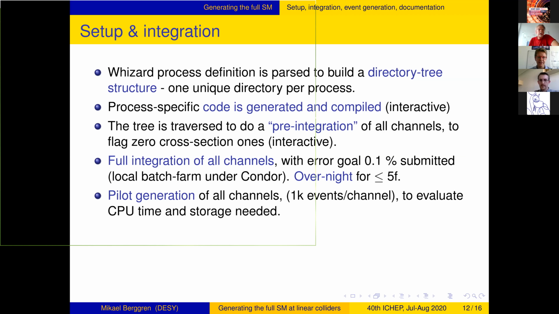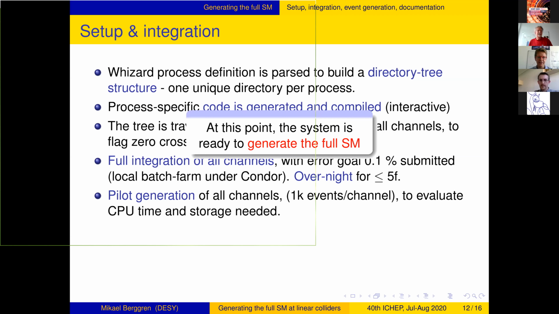And then we do the full integration with an error goal of 1 per mil, and this is submitted to a local batch farm under Condor, and this goes for up to 5 fermions. This is an overnight job. We then do a pilot generation of all channels to be able to evaluate the resources needed for the full job. And at this point, we really have organized something and we are ready to generate the full Standard Model.